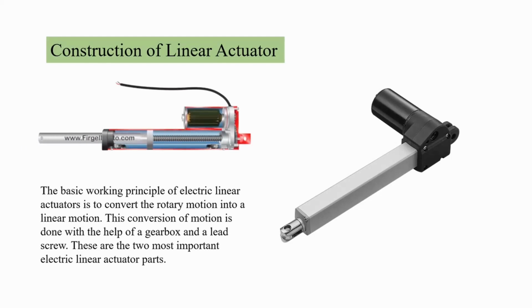This conversion of motion is done with the help of a gearbox and a lead screw. These are the two most important electric linear actuator parts. When the motor is rotating, the screw comes out, and while rotating reversely, the screw goes in.